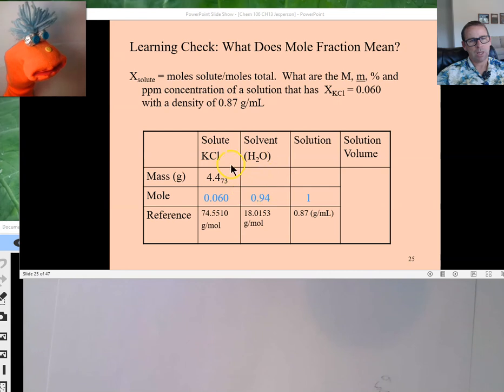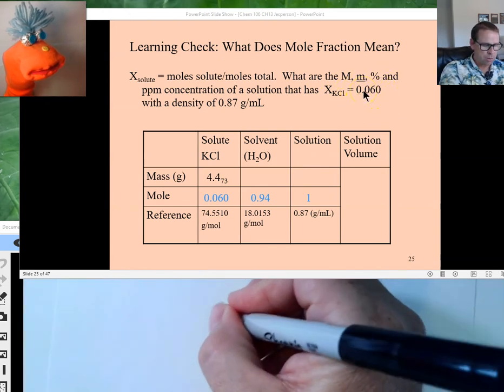Very good. So let's just double check with the folks at home. We got this 0.94 from where? Well, the moles of solute plus the moles of solvent equals moles of solution. So we got 1 for moles of solution. Now, how do we get that 1 again? Well, we're told that the mole fraction is 0.06.